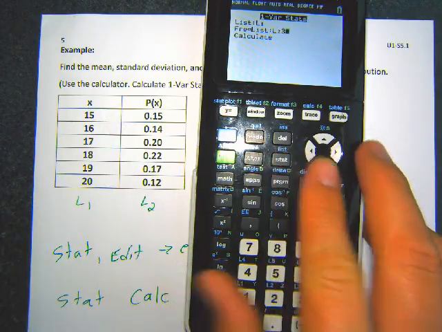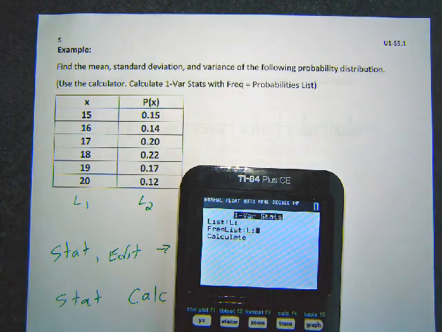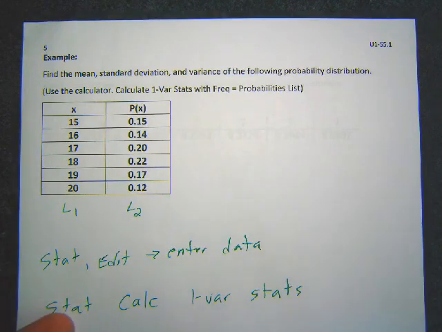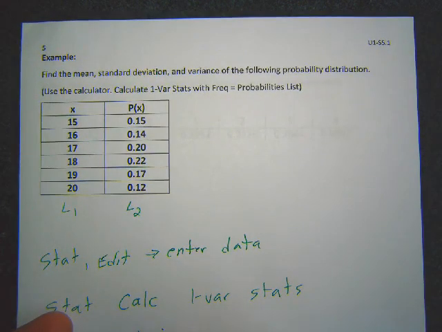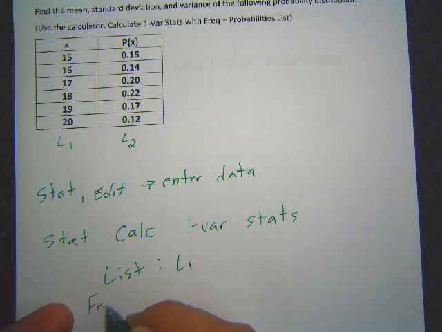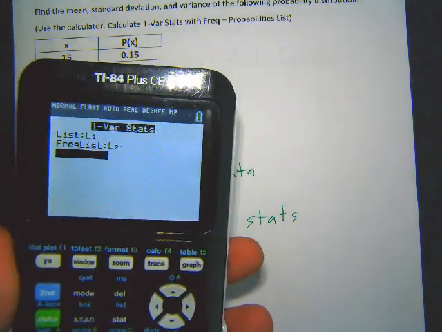So we're going to type list 2, so that the frequency list shows list 2, and that'll use these probabilities, these percentages, to get our correct answer. So our list should be list 1, and our frequency list should be list 2. After all that, I'll hit calculate, and now it will give me values.